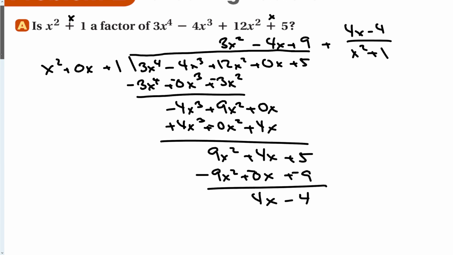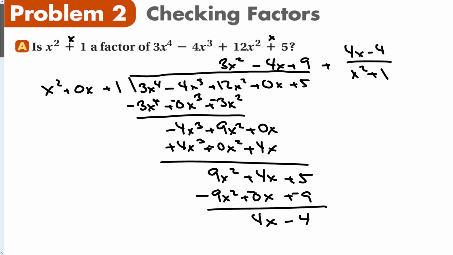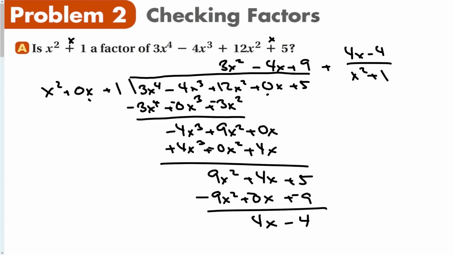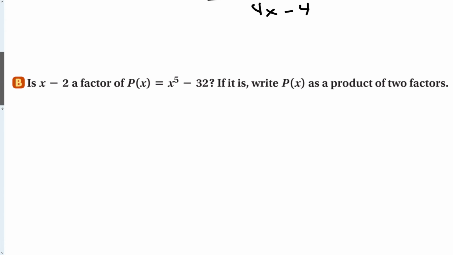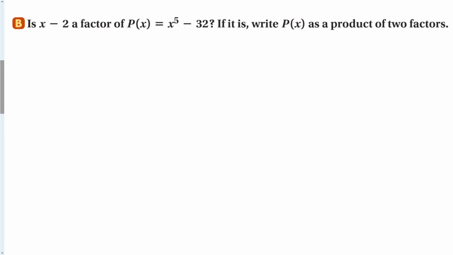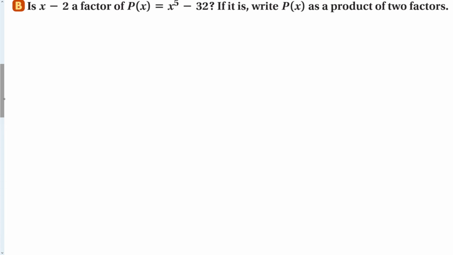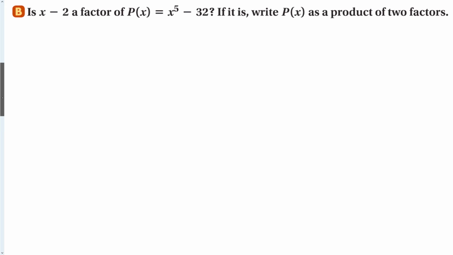Now, this one only had 1 zero. We can do it with a whole lot more. Is x minus 2 a factor of x to the fifth minus 32? So x minus 2, and oh, whoops, I'm going to need a little bit more room up top.